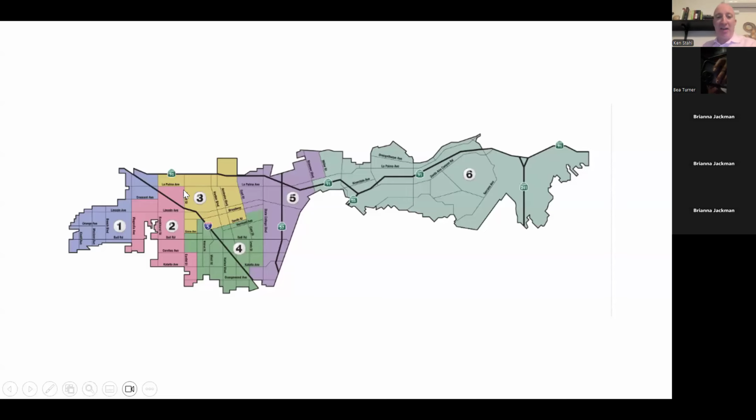Here is a district map of the city of Anaheim in California. In Anaheim, there are six city council members. They are elected from single member districts. So that requires the city to create six districts, as you can see here.